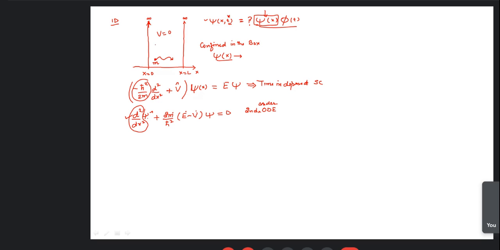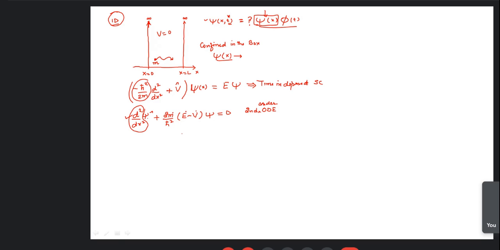Another thing is we are studying 1D because we do not want derivatives with respect to y and with respect to z. Under these conditions, we have reduced Schrodinger's equation, which otherwise is a partial differential equation, to a 1D problem, that is, to an ordinary differential equation problem.